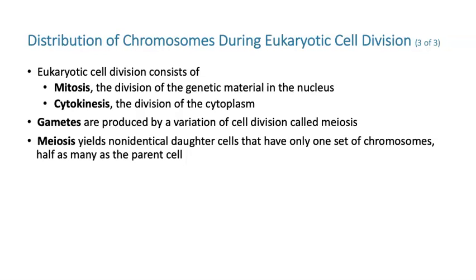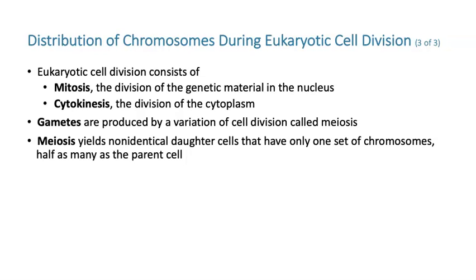And the word that we use to describe how the cytoplasm separates is called cytokinesis. So mitosis and cytokinesis go together hand in hand, but they're different. Mitosis focuses on the genetic material, the stuff in the nucleus, and cytokinesis focuses on what happens to everything else in the cell, the cytoplasm.